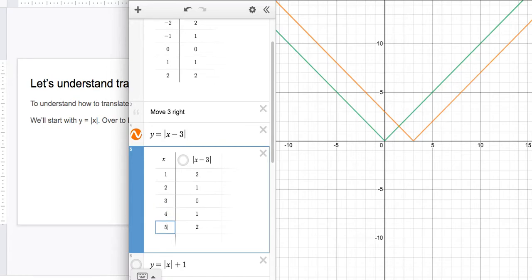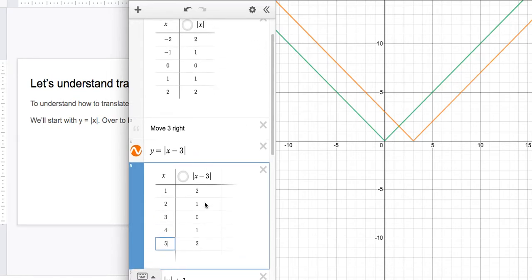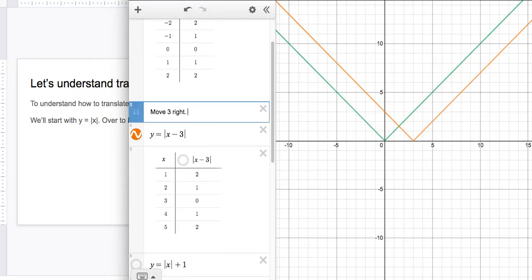Does that match my original table? Perfect. So now again, what would I have to do to my new x's to get back to my old x's? I'd have to subtract 3 from my new x to get back to the old. Subtract 3 from x.